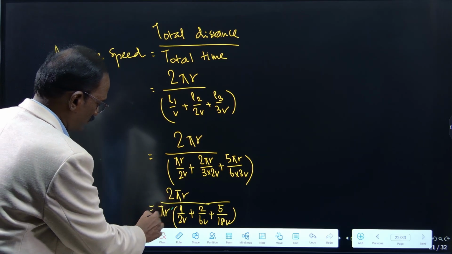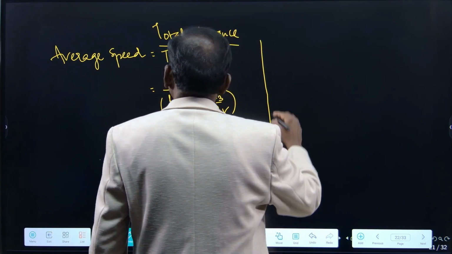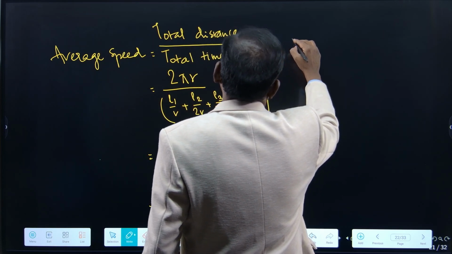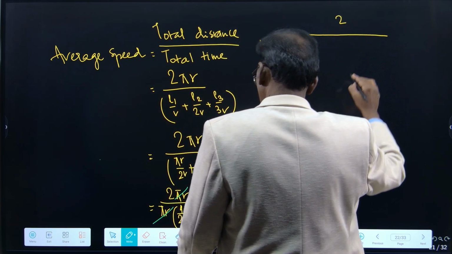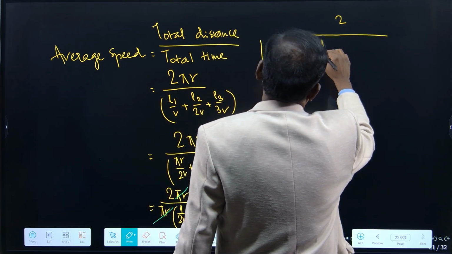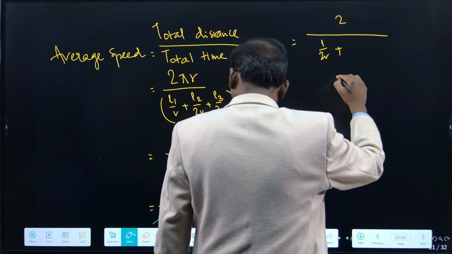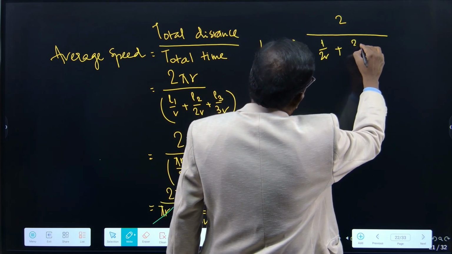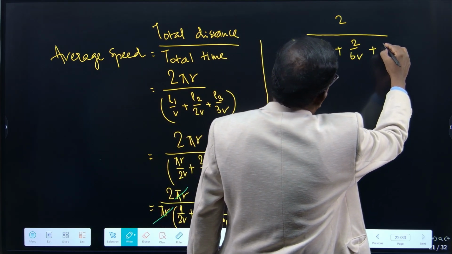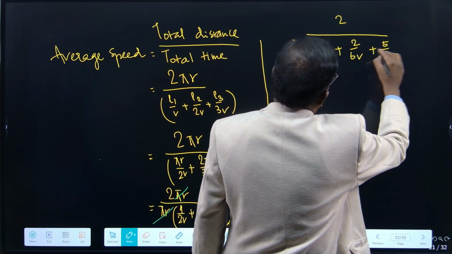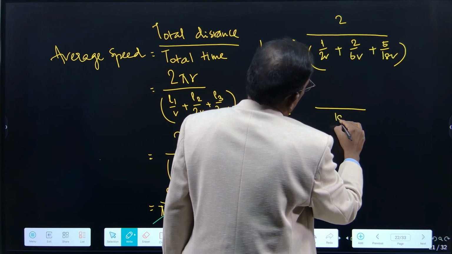Pi r is removed. So average speed is equal to 2 divided by 1 by 2v plus 1 by 2 by 6v plus 5 by 18v. 18v we will take as LCM.